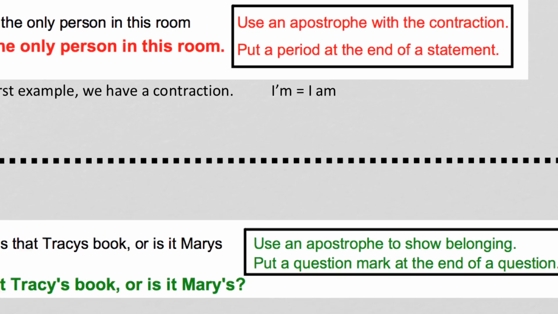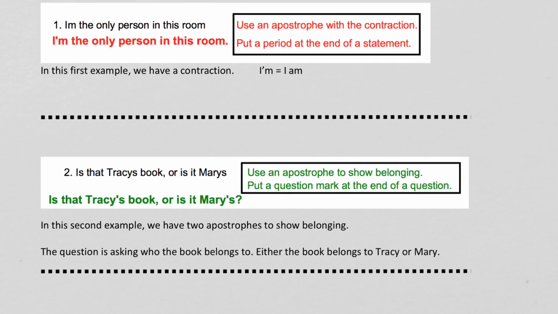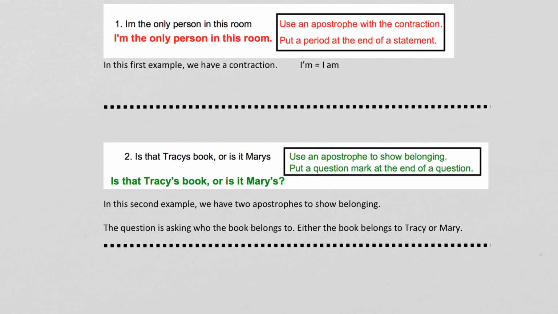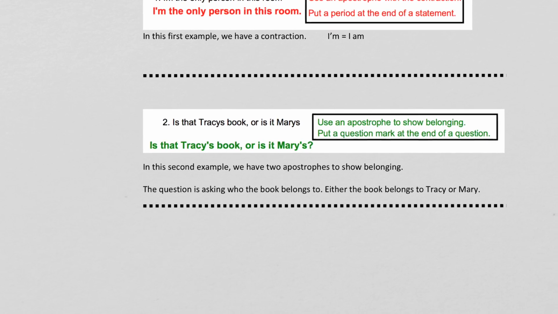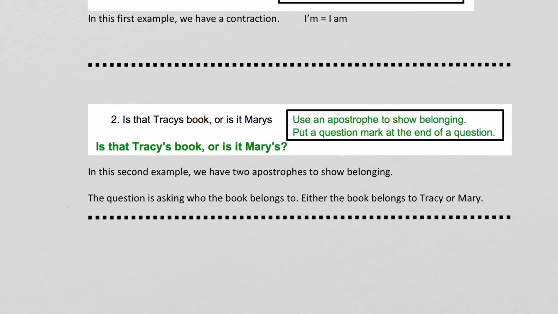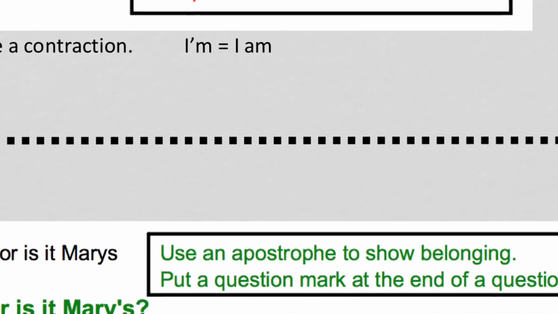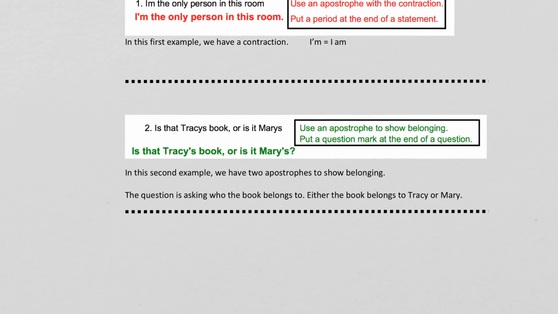So you can see that in the correction here, there's a period at the end of the sentence too. So the rules are that you use an apostrophe with the contraction, I'm, and that you put a period at the end of a statement. In this first example, we have a contraction, I'm, I apostrophe am. Another way to write that would be to say I am.